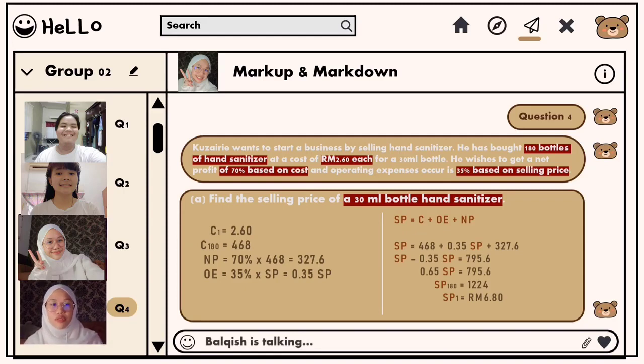We also have 35% operating expenses based on selling price. So, just list out the information to know which formula we can use. Since we have cost, net profit and operating expenses, we can use the formula S equals C plus OE plus NP. Don't forget to divide the answer by 180 because we want the selling price for each hand sanitizer.